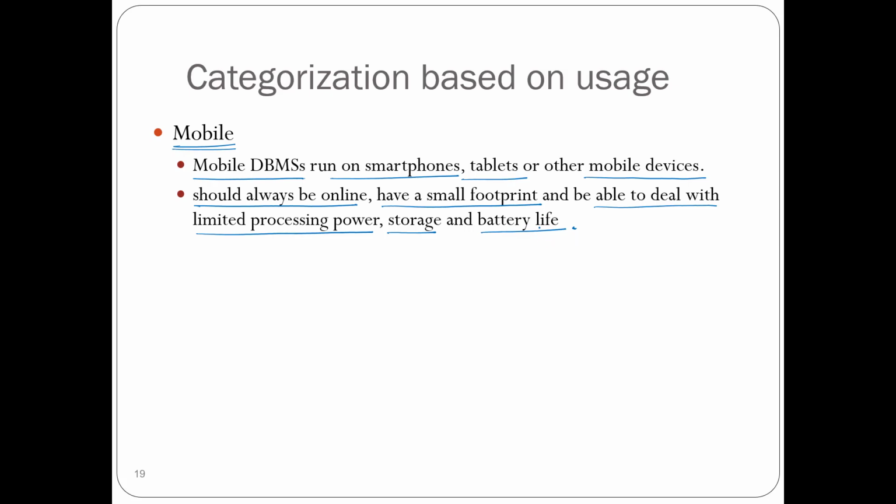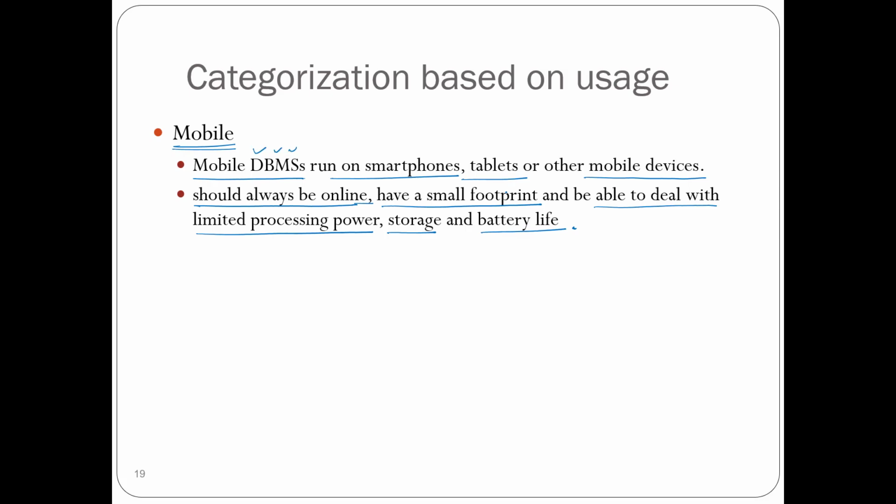Mobile devices are small in size. We carry them with us, so that portability is an advantage. But the portability also results in some shortcomings. These mobile devices should always be on, therefore the mobile DBMS should always be on.